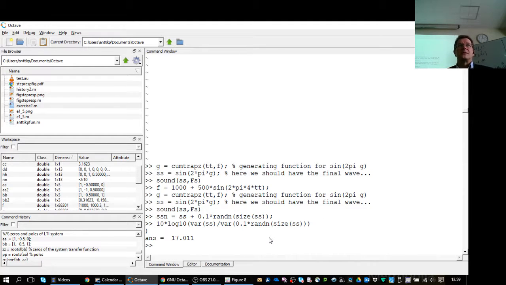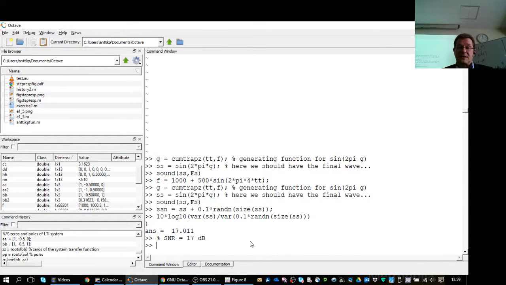There. So signal to noise ratio of 17 decibels. Okay, works with me. The signal to noise ratio was 17 dB in this case.